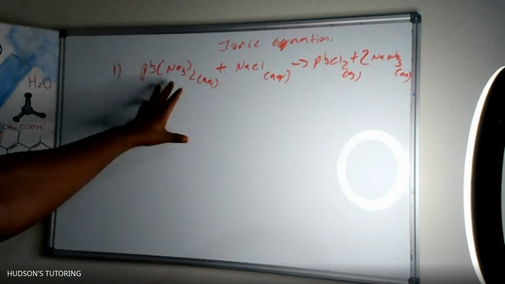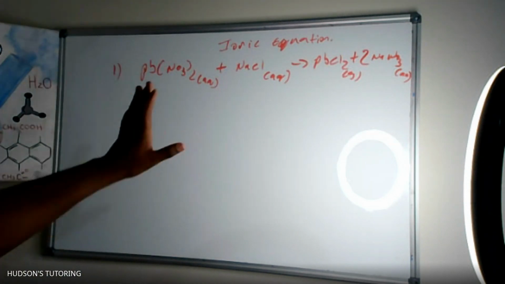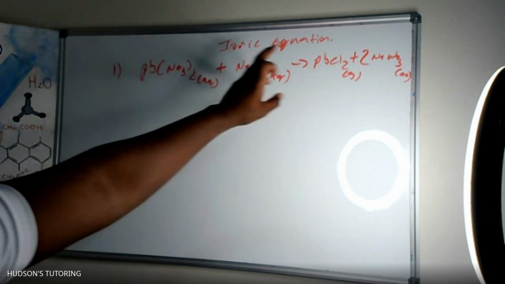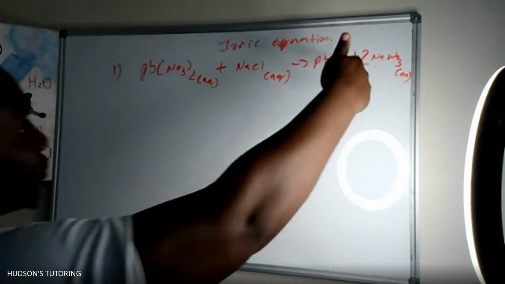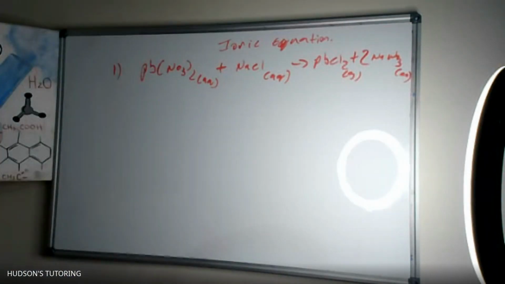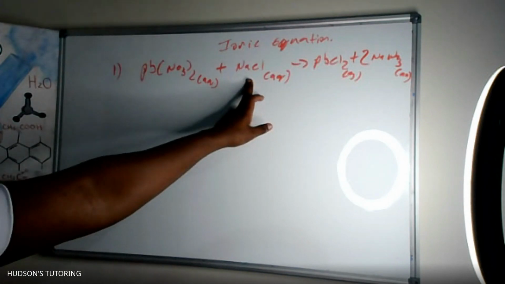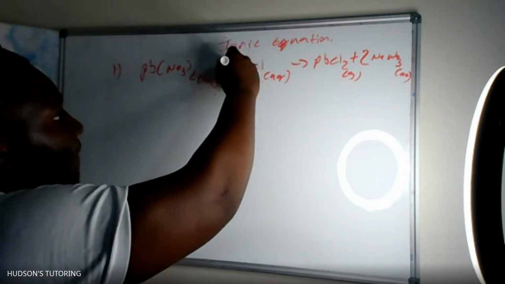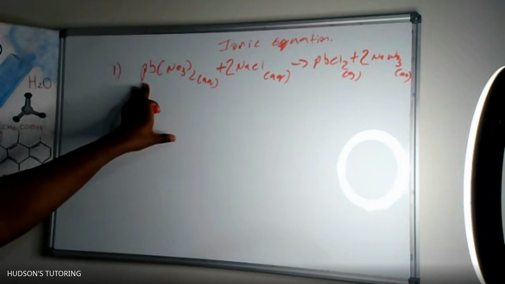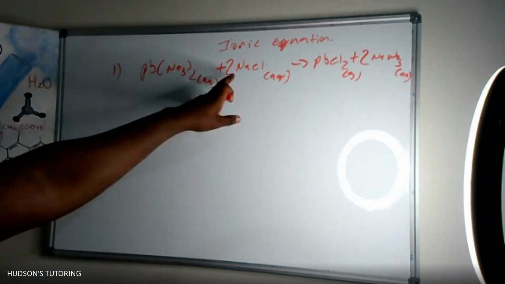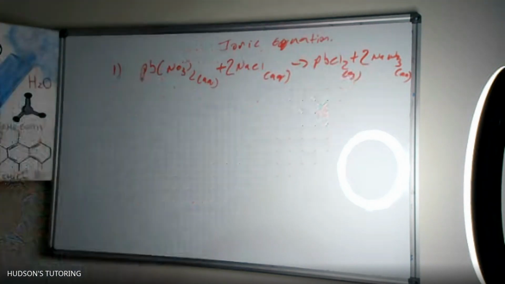No, it's a radical, so we treat it as a single entity. So this is 2 nitrate radicals, and this is 1, so I need 2 nitrate radicals on this side as well, hence a 2 here. Let's see if I'm balanced. This is 2 sodium, this is 1 sodium, so I need 2 on the left-hand side. Let's check off. One lead, good. 2 nitrate, excellent. 2 sodium, superb. 2 chlorine, excellent. Wonderful. Everybody agree with that?